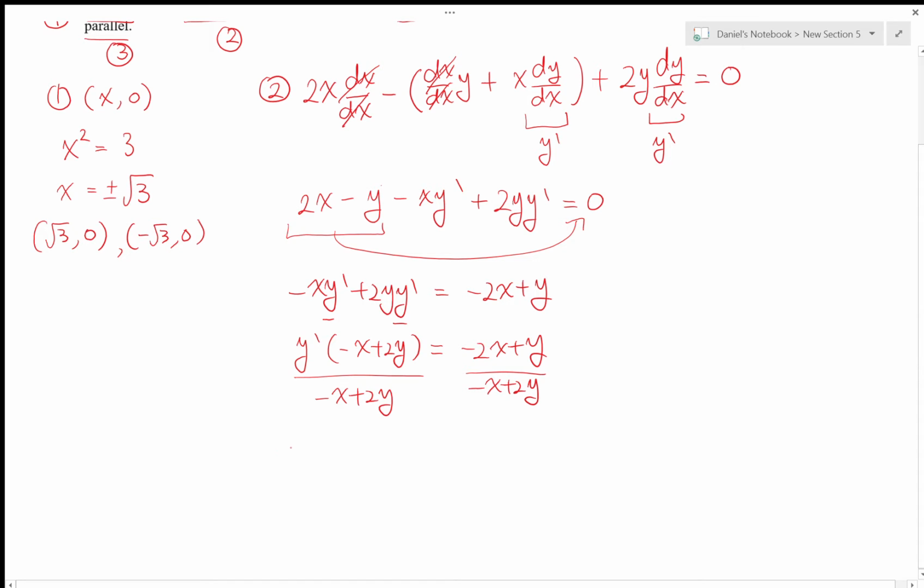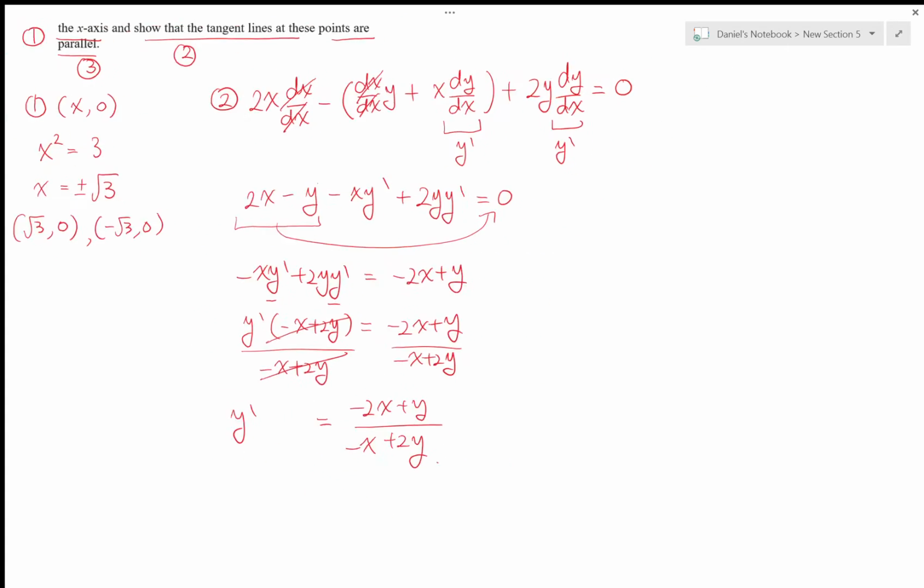Then we get y prime equals negative 2x plus y over negative x plus 2y. So the second part is done, right?